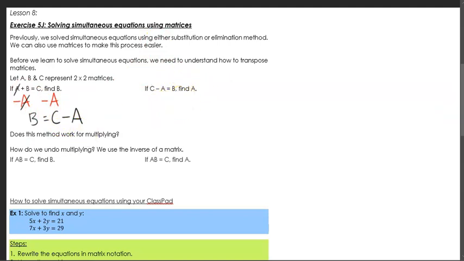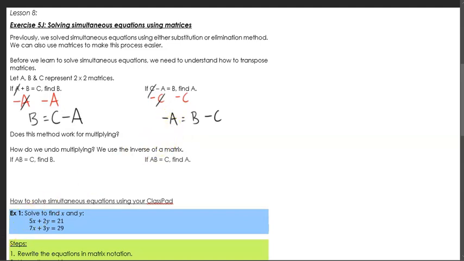This can also work if we want to find A in this case. We have C minus A. So first I want to minus C, and whatever I do to the left, I do to the right. Cancel, cancel. I'm left with minus A is equal to B minus C. If we just have this minus tagging along, I'm going to divide by -1.